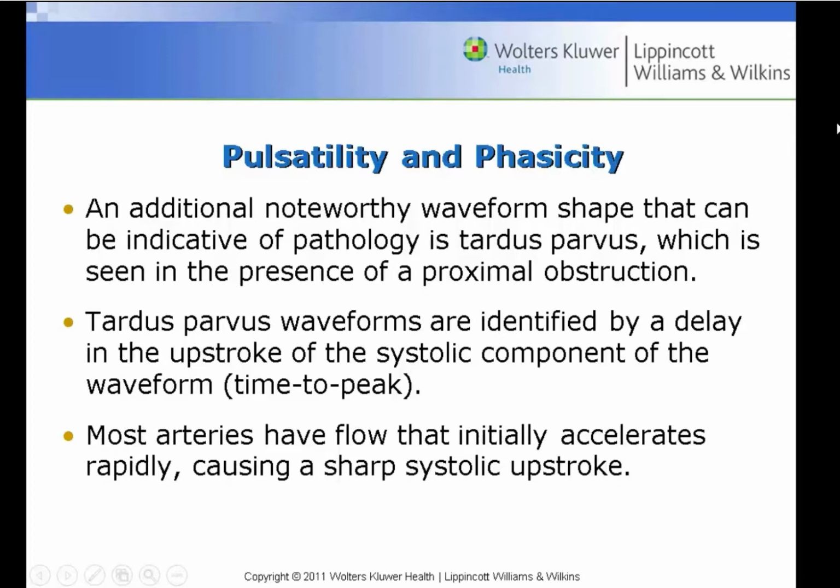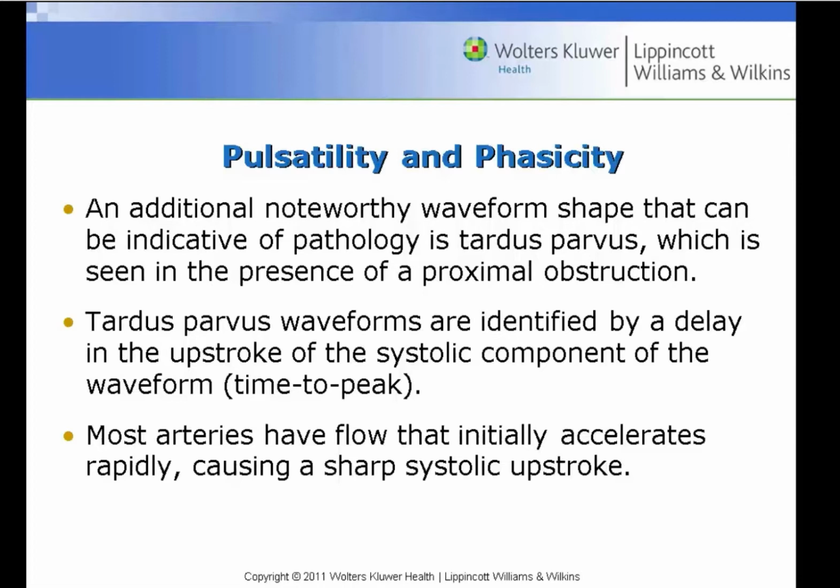Another noteworthy waveform, one that makes us think there's some pathology present, is tardus parvus. This is shown to you at the top of page 128. Tardus parvus waveforms show a delay in the upstroke of the systolic component of the waveform, meaning that there's a proximal obstruction.